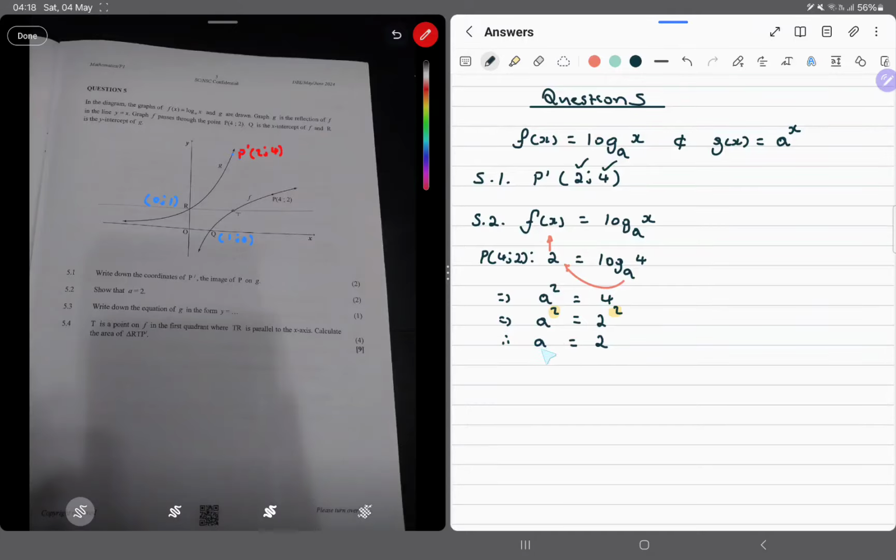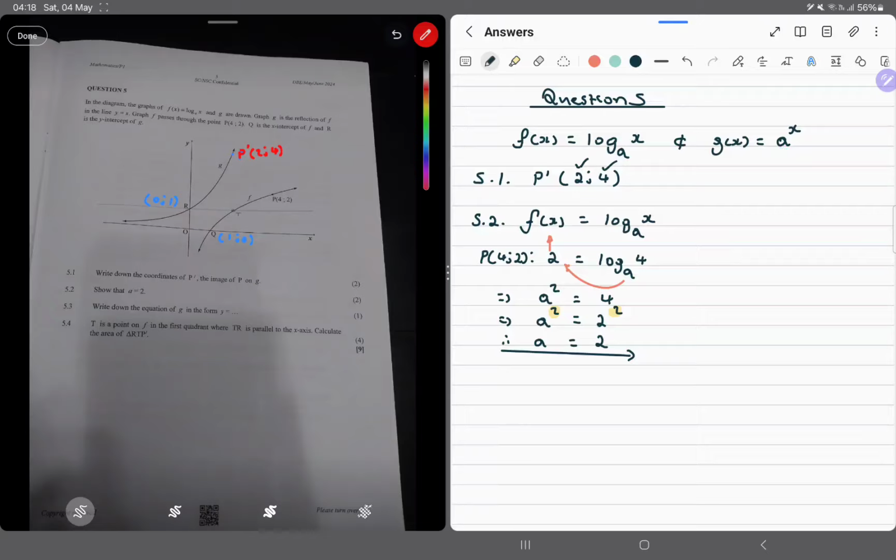So the base can only be positive. So that's why we accept a positive answer there. Just be careful though. When the question says the values of a, we're going to say plus minus 2. But we know in this setup, where we're dealing with functions, the base can never be negative for a logarithmic function or an exponential function for that matter.